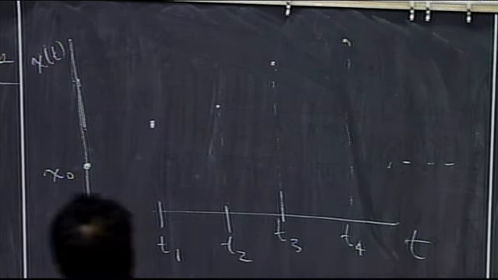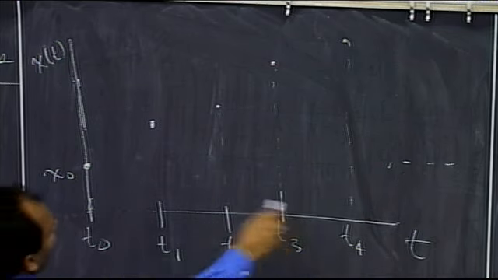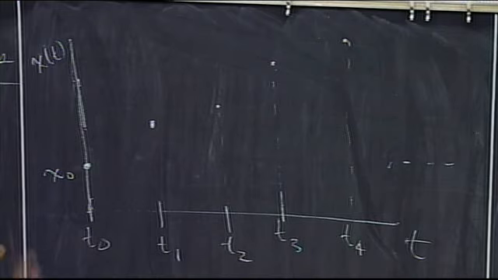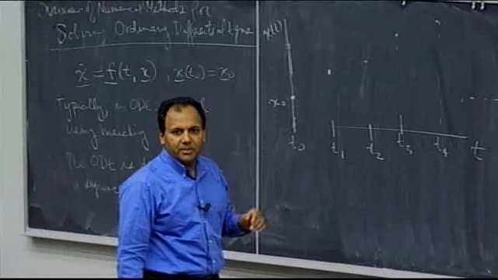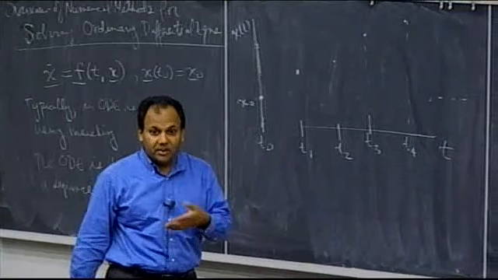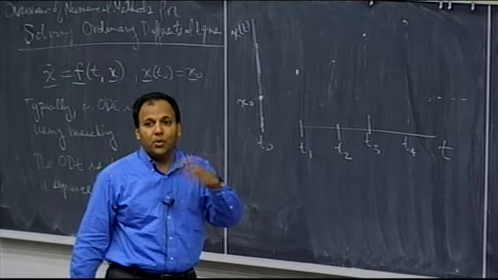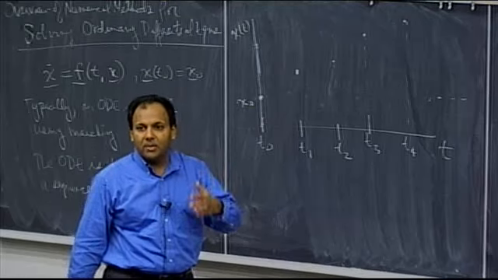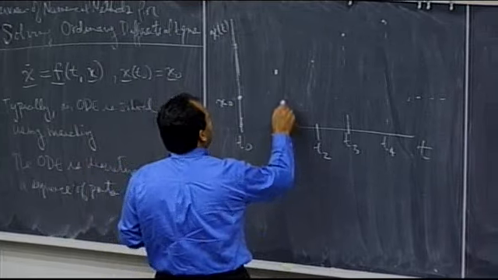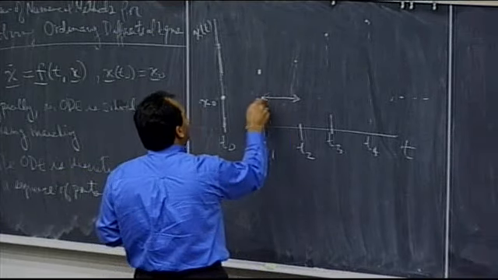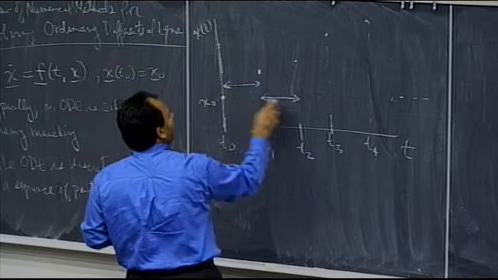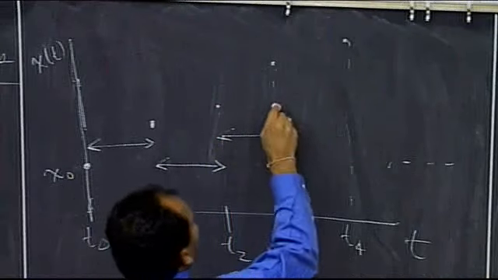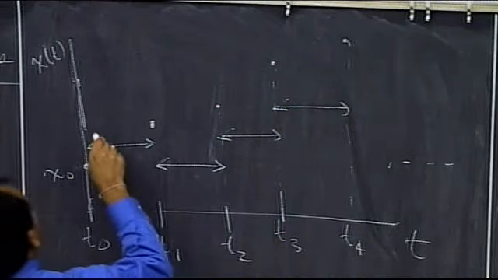Now, these points don't have to be equally spaced. There's nothing that says that these points have to be equally spaced. That's a simple way of doing things, but there's no requirement that they be equally spaced. So between any two points, we call the step, sometimes people refer to it as delta t.